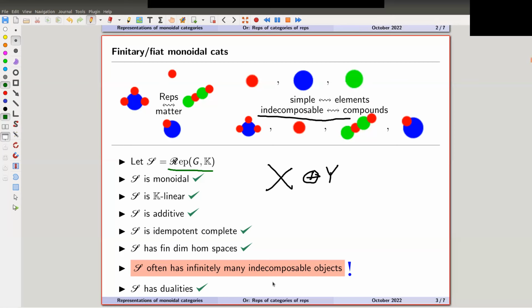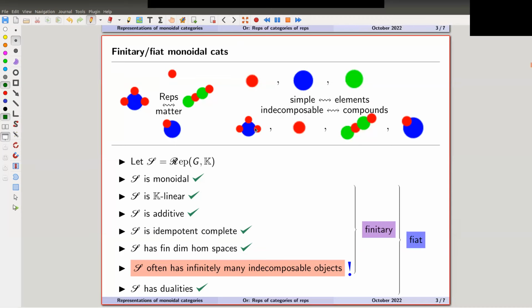Slight catch here, we'll discuss it in a second. Sometimes it actually has infinitely many indecomposable objects. We'll make a precise statement in a second. A very nice one, actually. And all this stuff here is what I call fiat, respectively finitary. F is for finite, I and A are for involution and adjunction, which means it has dualities. That's why this goes one step further than the other.